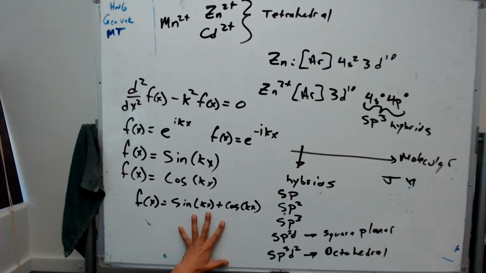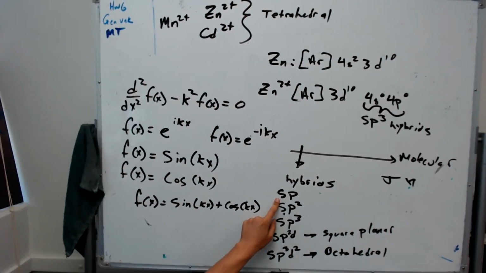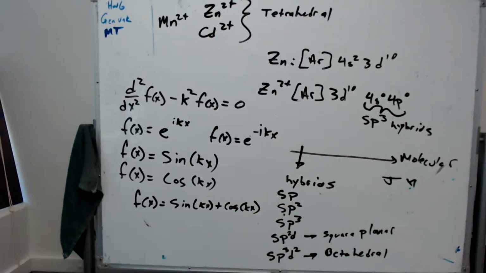This combination of answers is saying, look, I'm going to take an s orbital, I'm going to add it to a p orbital. I'm going to take what's called a linear combination of atomic orbitals. I'm taking 2 answers that work by themselves, and I'm putting them together to make a new answer. That new answer reveals different properties of how the orbitals interact together. Because keep in mind, when we're looking at an atom, just a carbon atom, it has the s orbitals, it has the p orbitals, it has all of the orbitals.